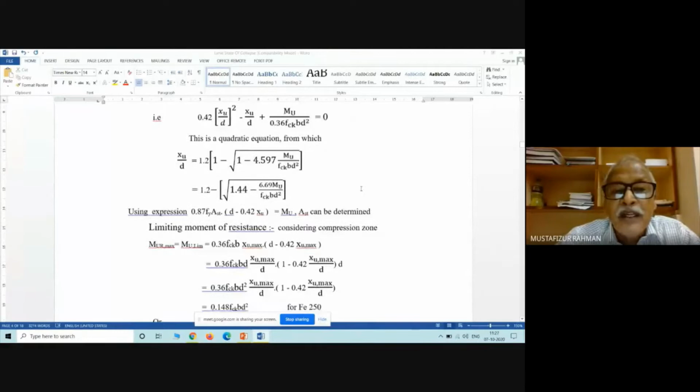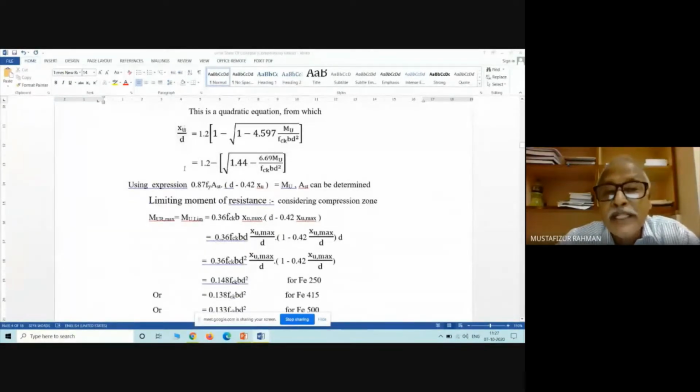Okay, so from this we are getting xu by d. We had got one expression, xu maximum by d; for a particular grade of steel, the value is fixed. Say if it is Fe415, it is 0.48.